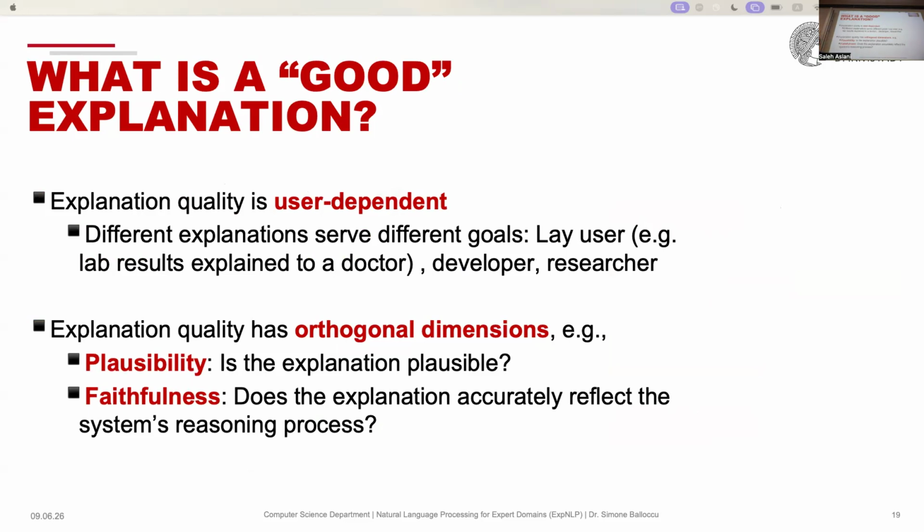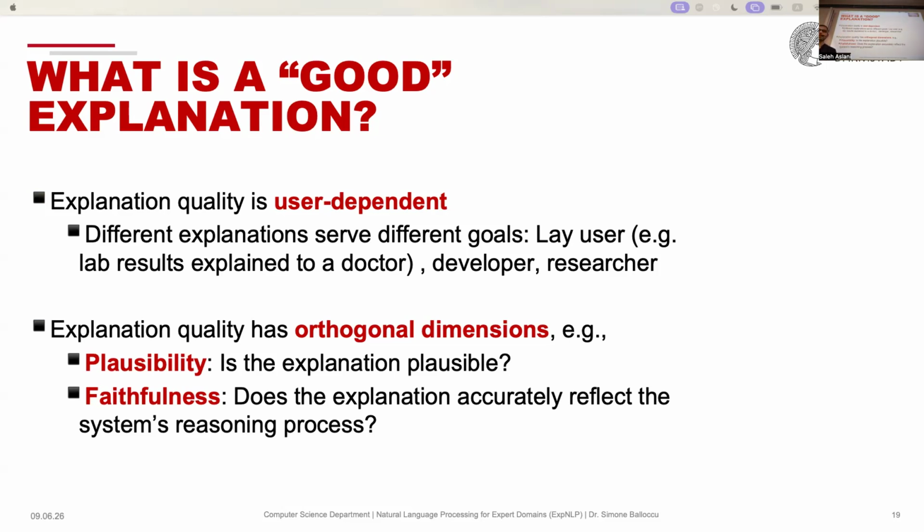For example, a lay user, which is like a doctor who uses an AI system for analyzing the CAT scan. So that's a lay user. And we also have developer and researcher. They have different interpretation of what is a good explanation. That's one thing to keep in mind.